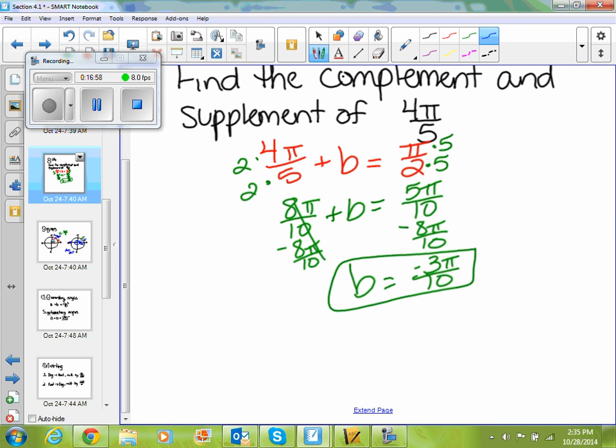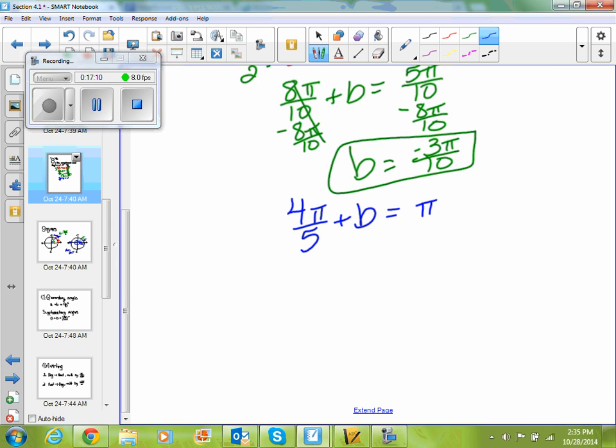To find my supplementary angle, I take that 4 pi over 5 again. I'm adding something to that, but this time I want it to equal pi. So I'm going to get common denominators by multiplying by 5. So I end up with 4 pi over 5 plus b equals 5 pi over 5.